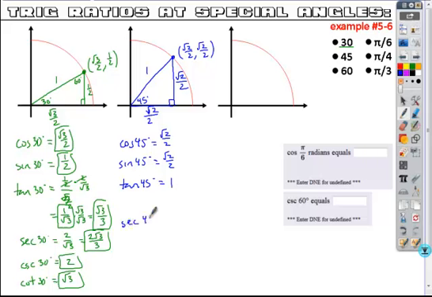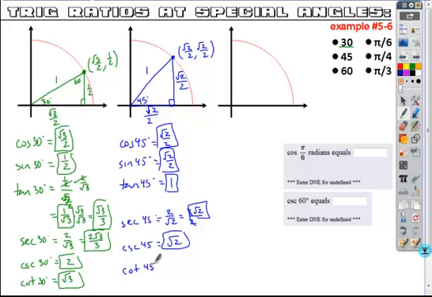For the reciprocal ratios, here we take the reciprocal. 2 over root 2 is like saying 2 root 2 over 2, so we can cancel the 2's, and we get just a root 2. The cosecant of 45 degrees is exactly the same, root 2. And finally, the cotangent of 45 degrees is the reciprocal of 1, which also happens to be 1.